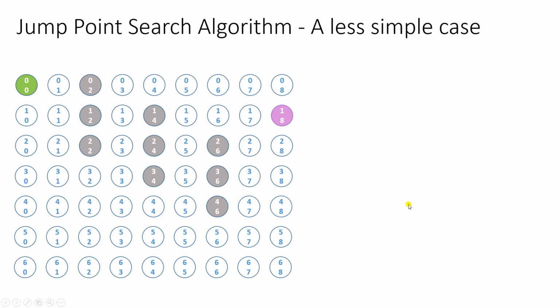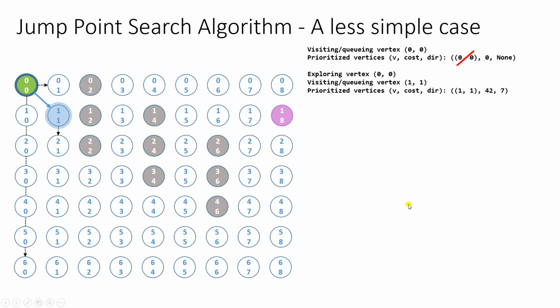Let's start by visiting vertex 0, 0. As always, it is put to our priority queue, and the next thing to do is explore it. In the next step, let's explore vertex 0, 0. It gave us all the available neighbors to scan.